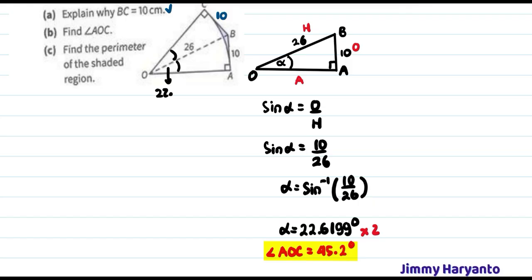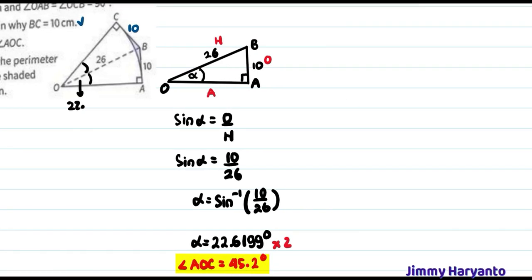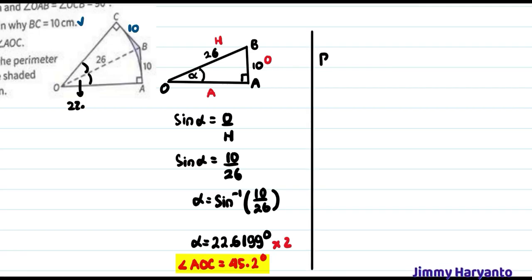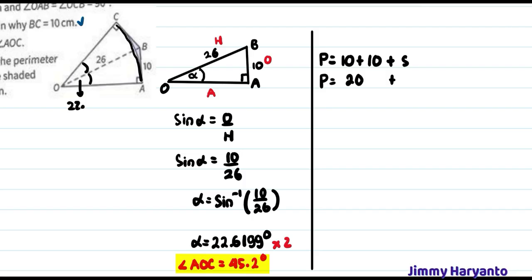Next is find the perimeter of the shaded region. To find the perimeter, as we can see, the perimeter is this one 10 plus this one 10 plus the last one, the arc length, the S. So P equals 20 plus theta over 360 times 2 times pi times r.